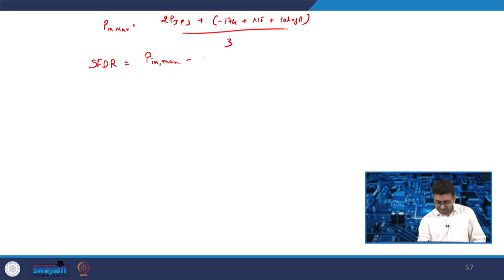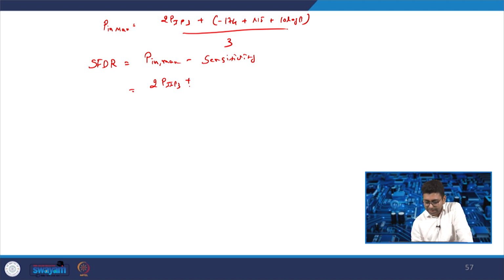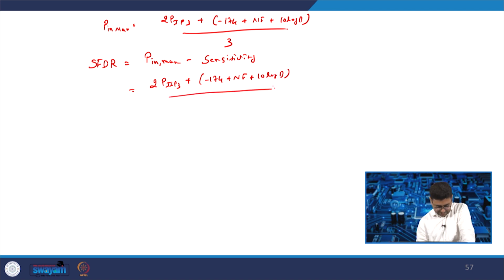minus we will subtract the sensitivity. So, we will get the same thing, 2P IIP3 plus, let us say this is kTB into noise figure, so minus 174 plus NF plus 10 log B, divided by 3, minus.